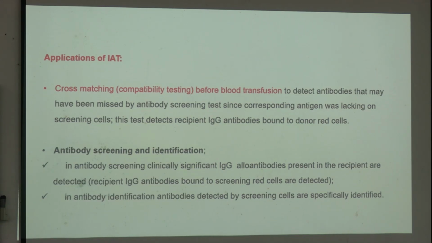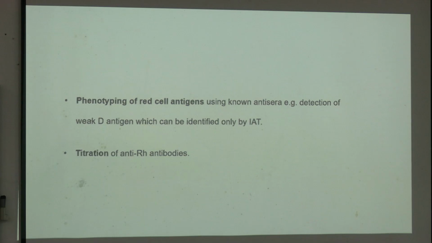Now, what are the other applications of indirect antiglobulin test? The second one is antibody screening and identification, phenotyping of RBCs using known antisera, and titration of anti-Rh antibodies.